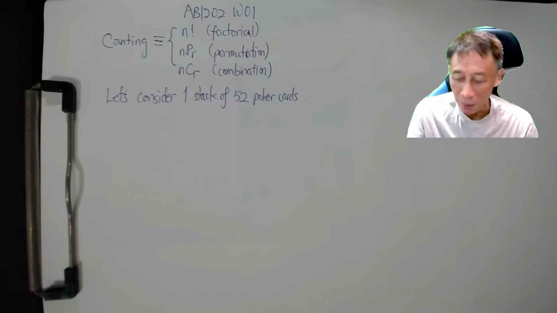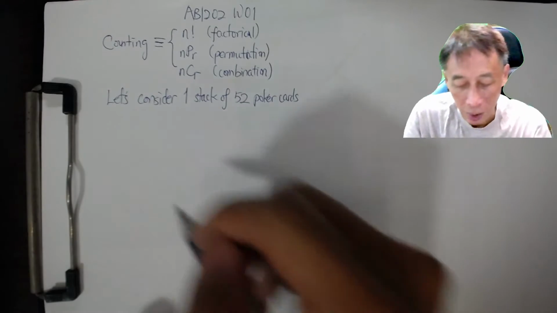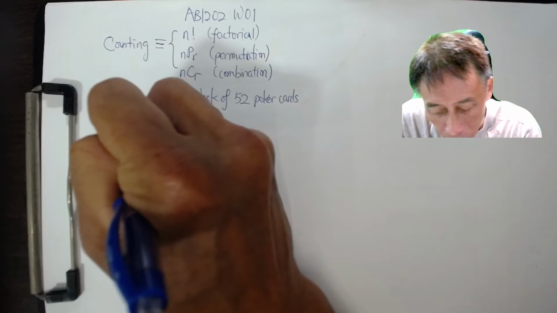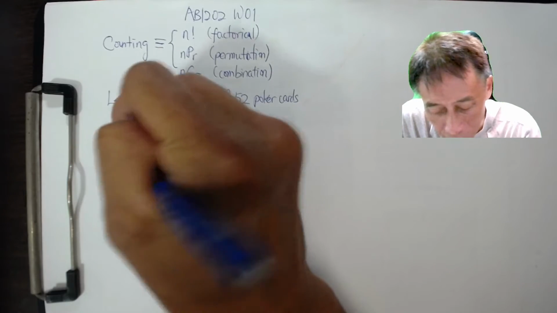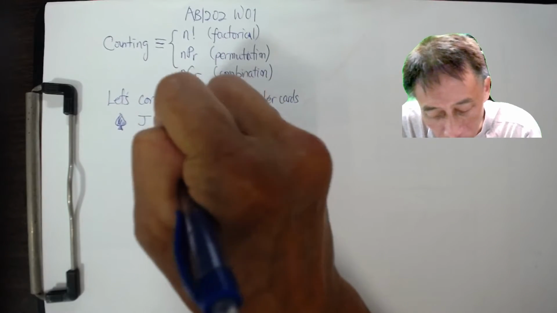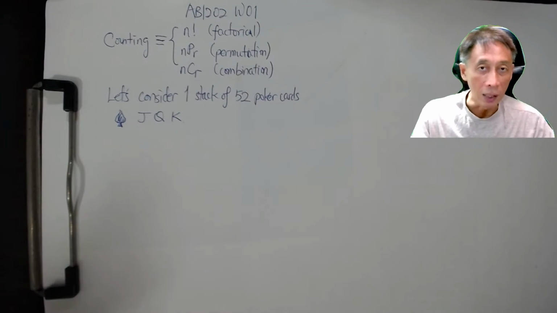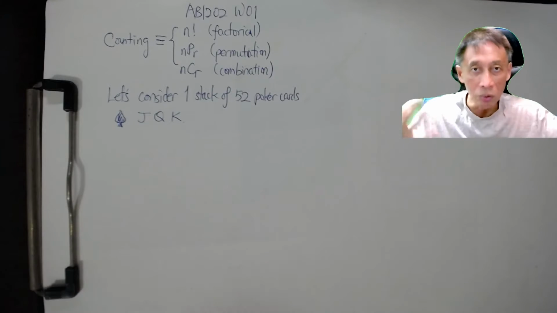So let's begin by asking, if we have 3 cards, for simplicity, we just draw, is that spade? Right. So Jack, Queen, and King. Suppose we have 3 cards. It can be 3 students or 3 tour guides or 3 supervisors or 3 projects. Just use your imagination.